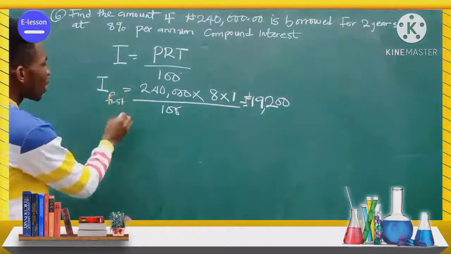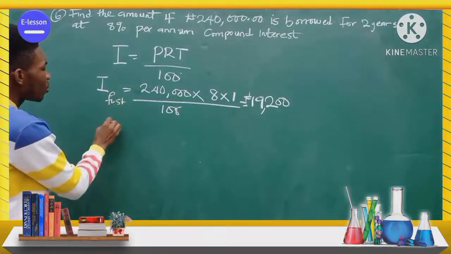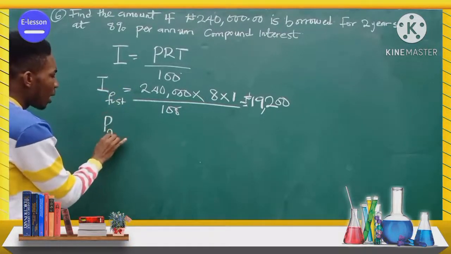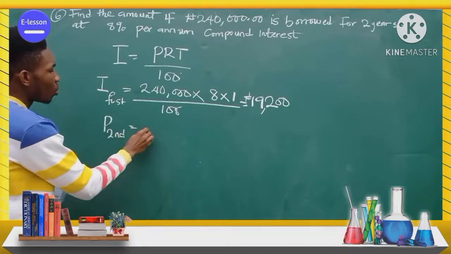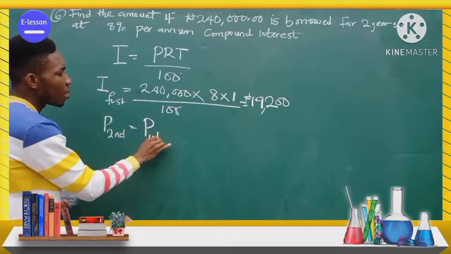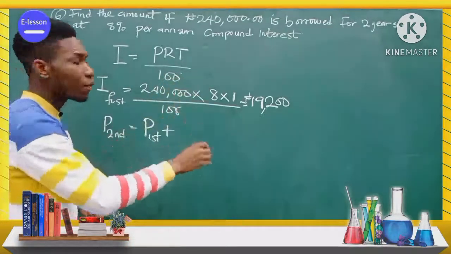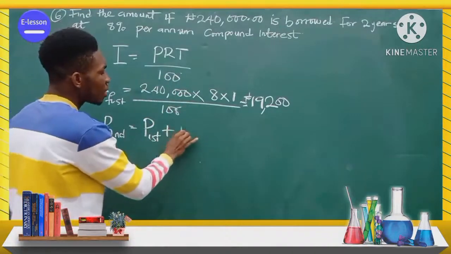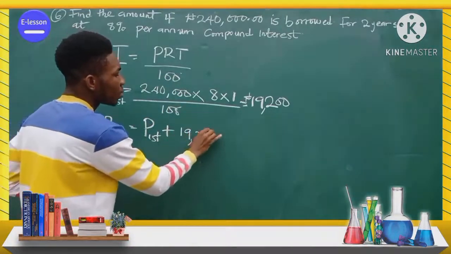To get the principal for the second year, it will be equal to the principal for the first year plus the interest for that year. The interest is 19,200.